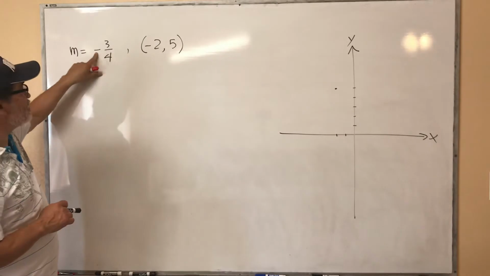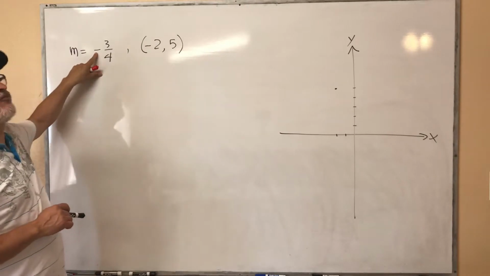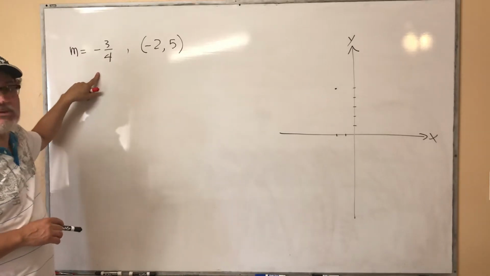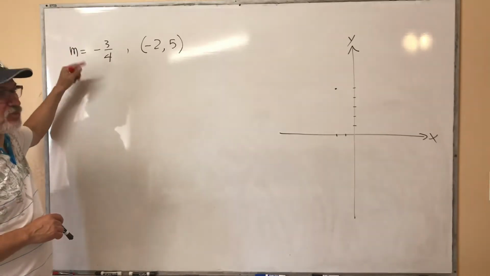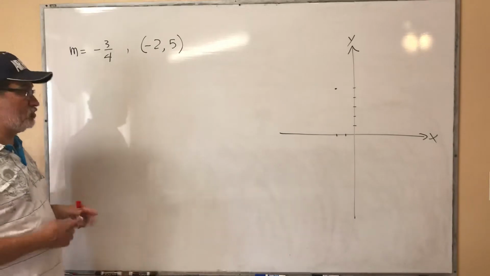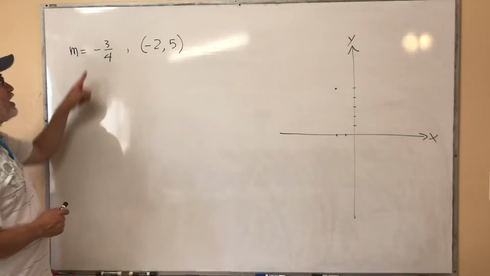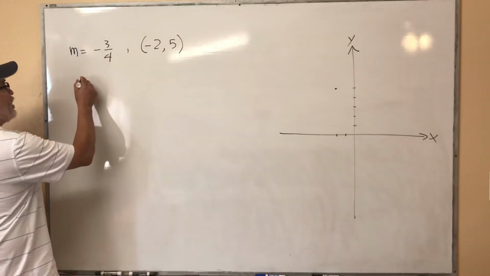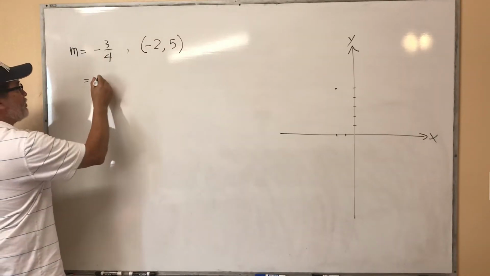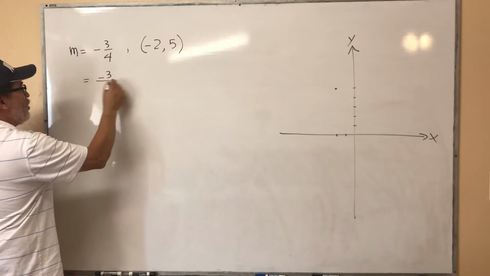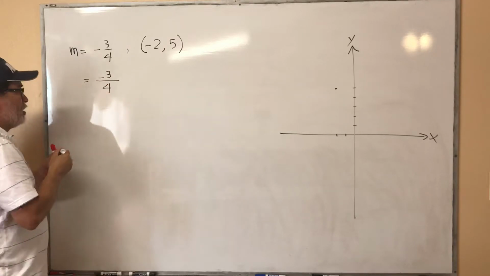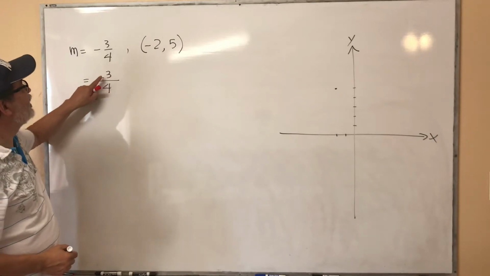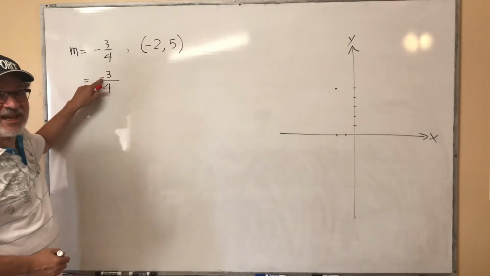You better make this negative either part of the numerator or part of the denominator, not both. Either you bring it up or you bring it down, and it's up to you. I'm gonna bring it up, okay? So this becomes -3/4, which means that I'm gonna rise 3 down because it's negative.